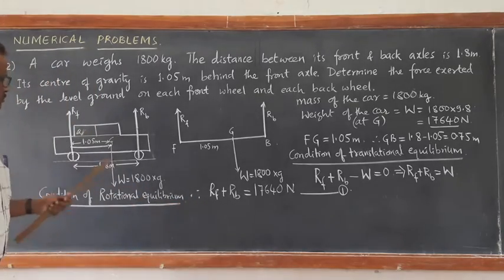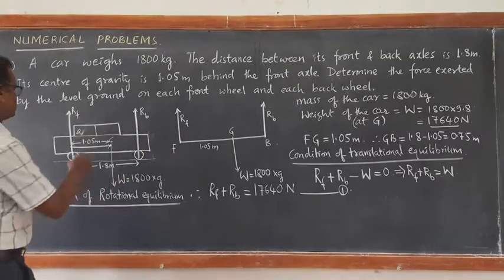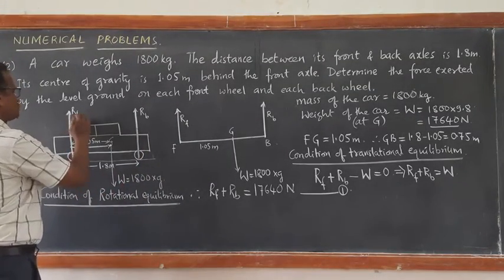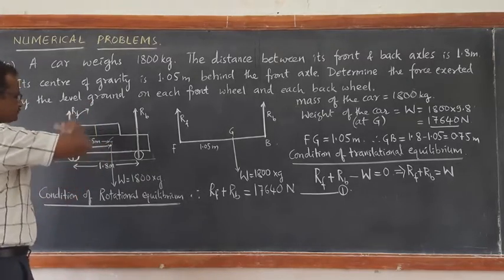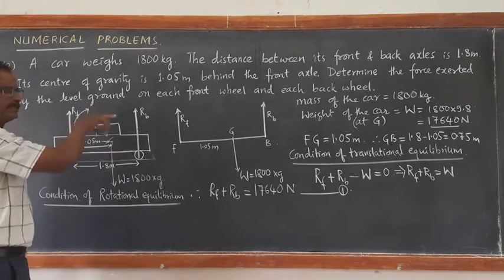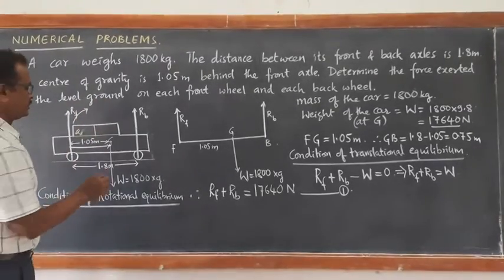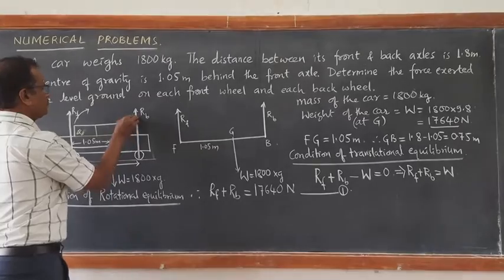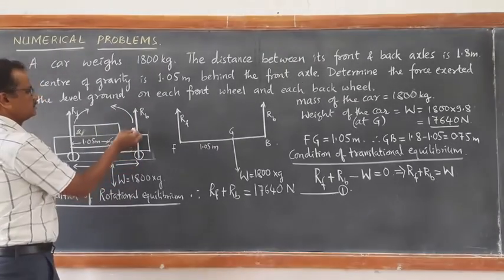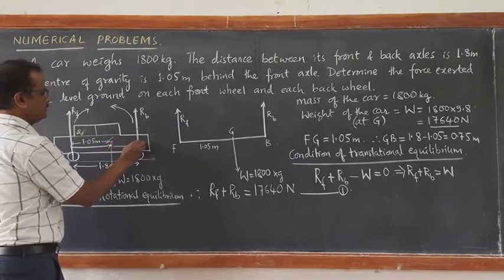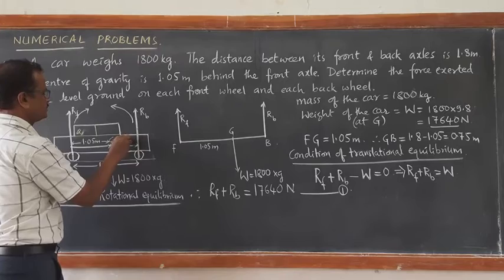The total moments about the center of gravity must be 0. See here, the normal force RF multiplied by this perpendicular distance tends to rotate in the clockwise sense, so that should be taken negative. And this normal force at the back wheel is vertically upwards, multiplied by this distance, which is 0.75 meter.